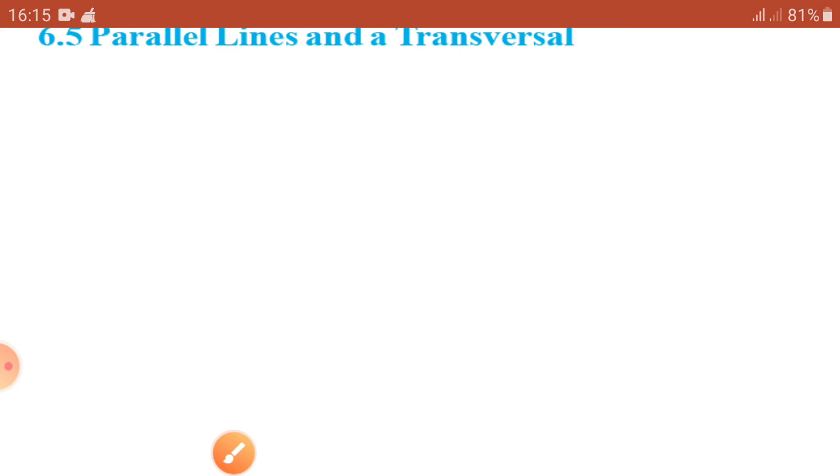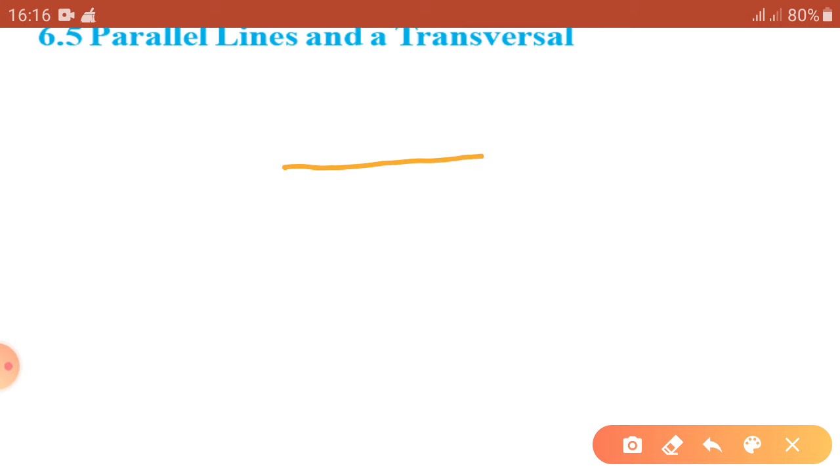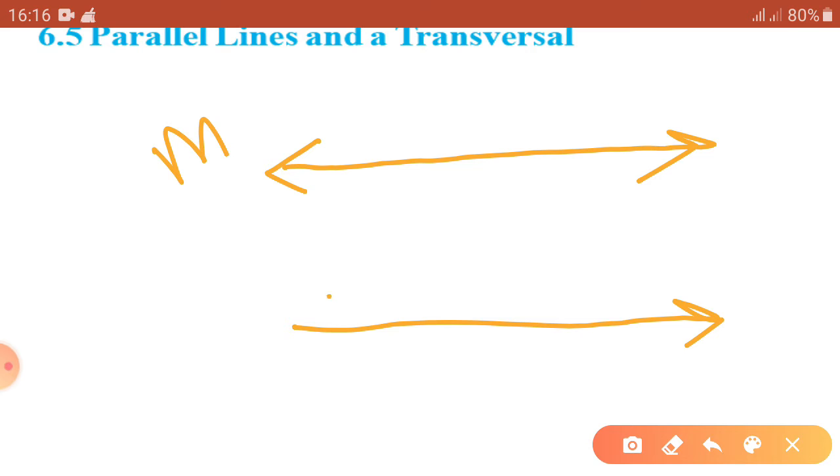Now let us find the relationship between the angles in this pair when line M is parallel to N. In the previous figure, line M and line N were not parallel, but if I take line M parallel to line N, the figure will look like this.